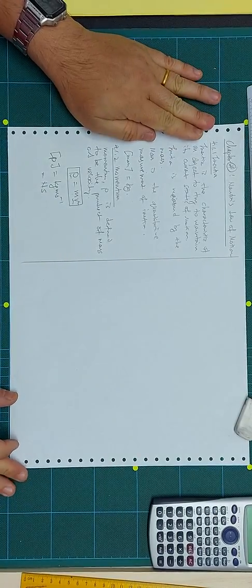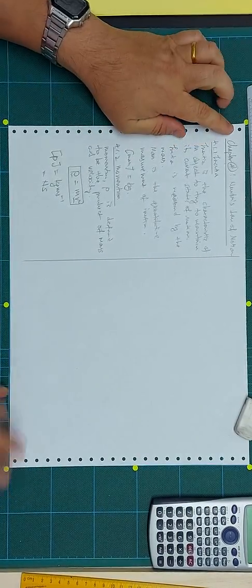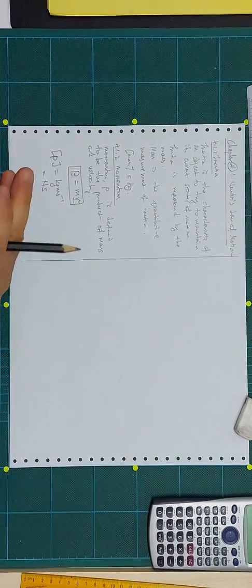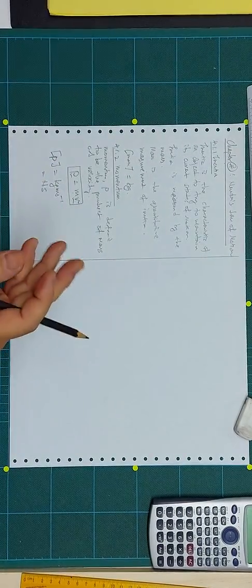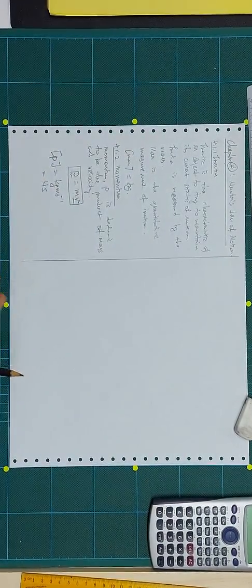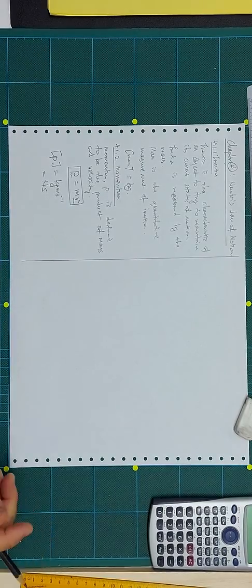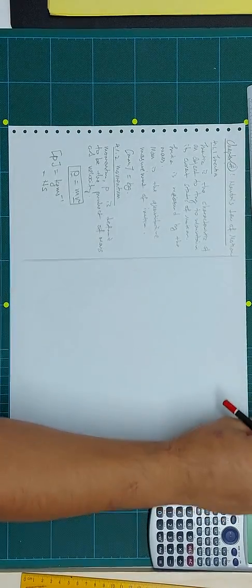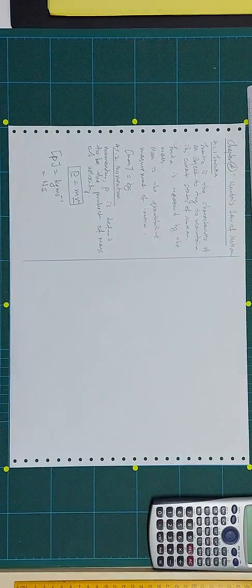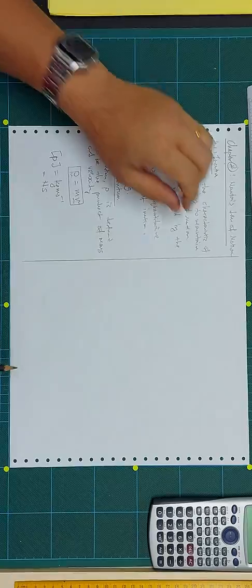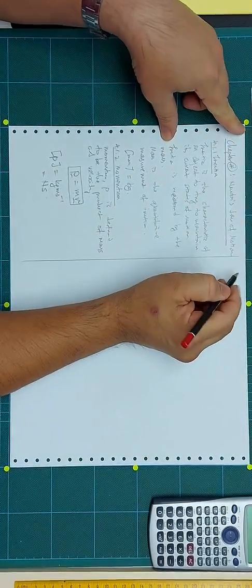So that is the momentum. Now these two things are a foundation for Newton's laws of motion. After this we look at the laws of motion, the first law. Our first law is now 4.2.